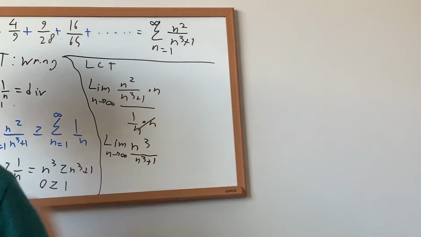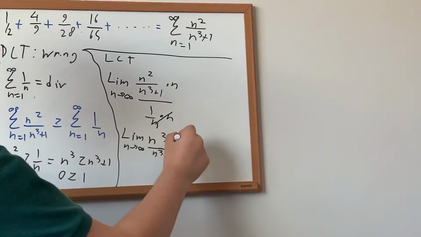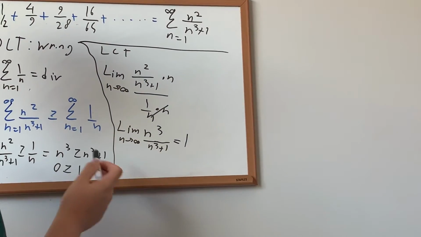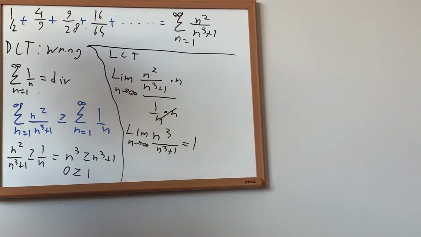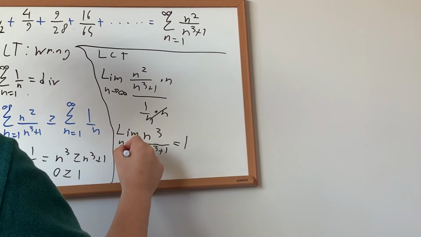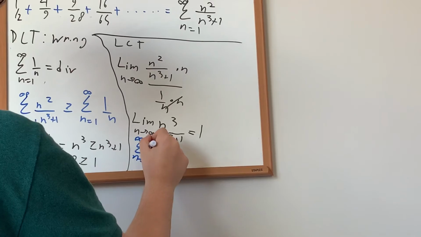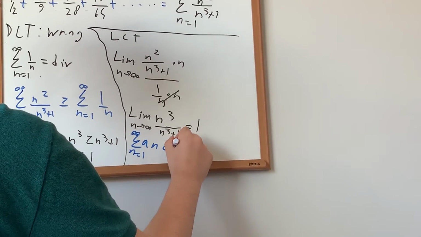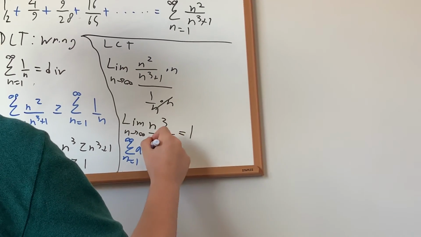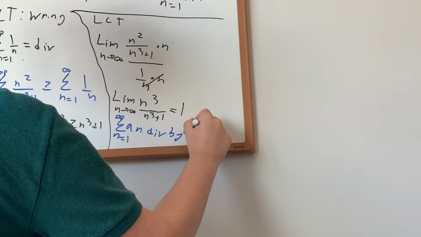This is a very nice limit because we're working with the highest power. N cubed divided by n cubed is equal to 1. So because the limit as n approaches infinity of this sequence approaches 1, we can conclude that the series from n equals 1 to infinity of, if I call this, for example, a_n, diverges by the limit comparison test.